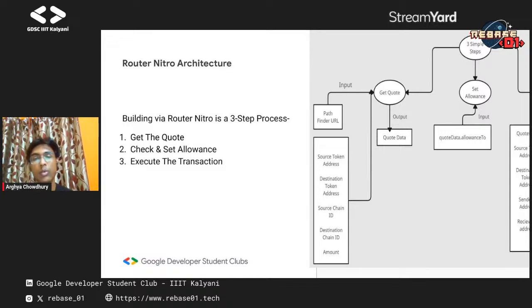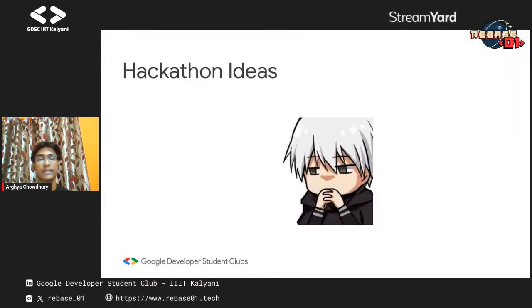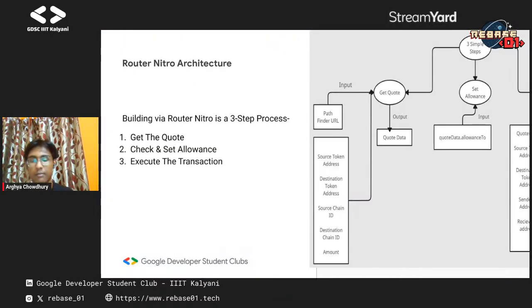It will have the source token address, the destination token address, the source chain ID, destination chain amount, and everything. So you're giving all this data directly to the function.